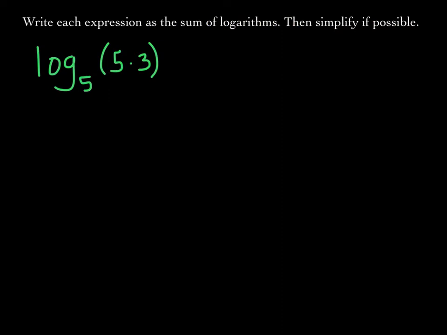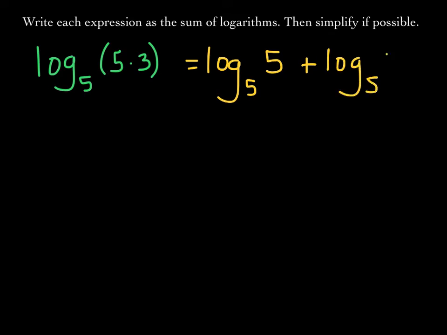All right, we want to write this expression as the sum of logarithms, and then simplify if you can. All right, this is using the product rule. The product rule says that if you have a product, you can rewrite it as a sum of logarithms, right? So what I can do is rewrite this as log base 5 of the first factor plus log base 5 of the second factor.